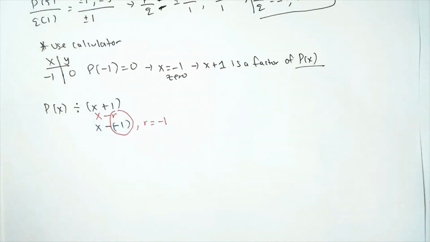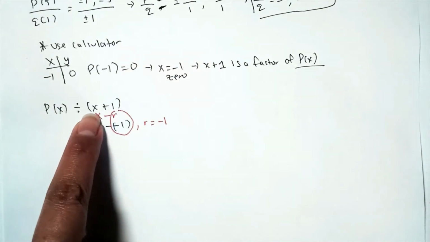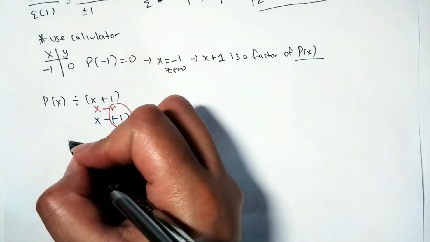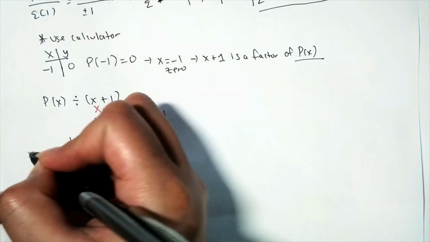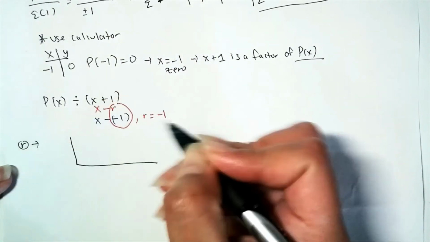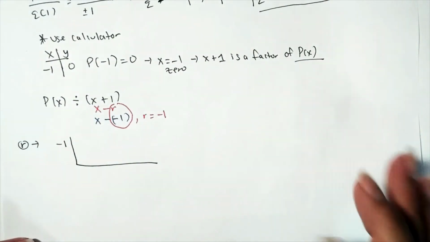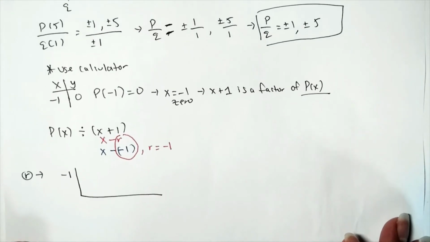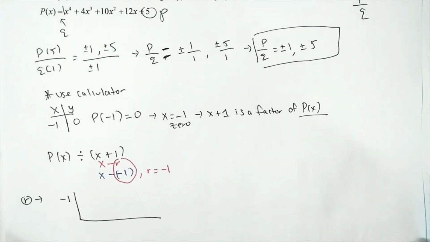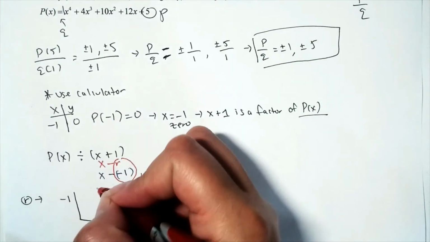So when we use synthetic division to divide by x plus 1, let's prep this up. We'll do our division box. Outside the division box, we're going to put the value of r, which is -1. Inside the division box, we're going to put the coefficients of the polynomial, or the dividend. Okay, so the degree is 4. You know my style, I'm going to highlight the degrees.